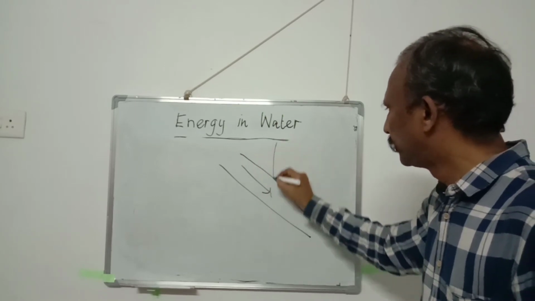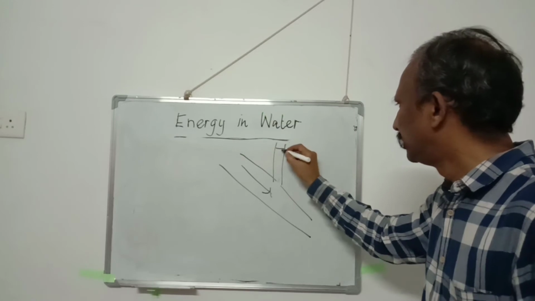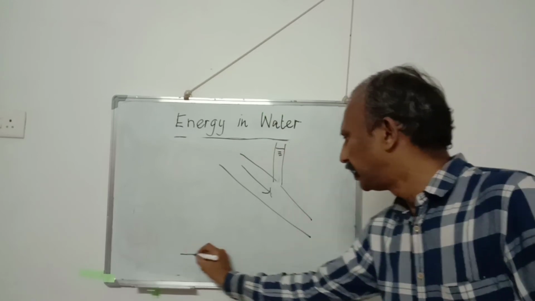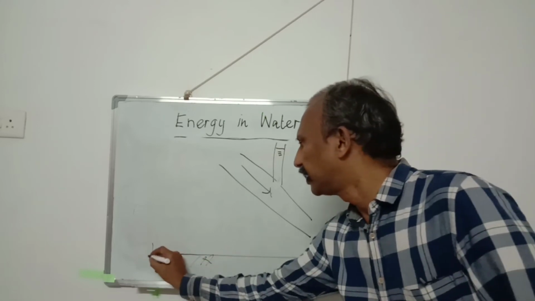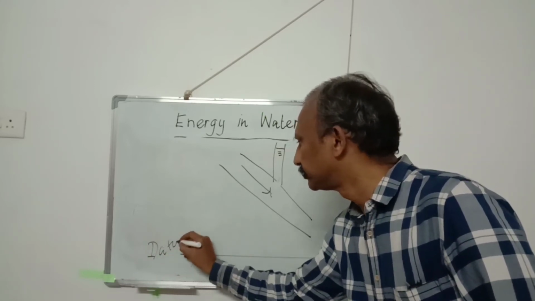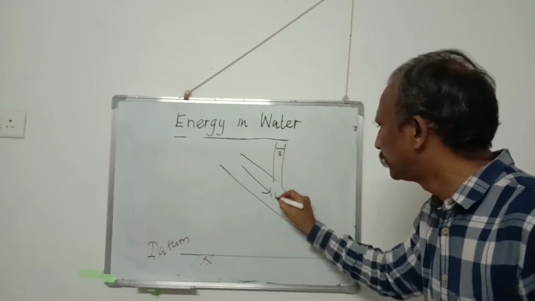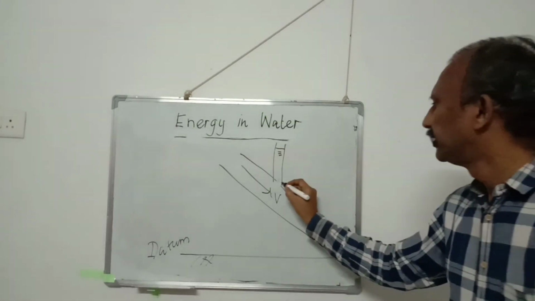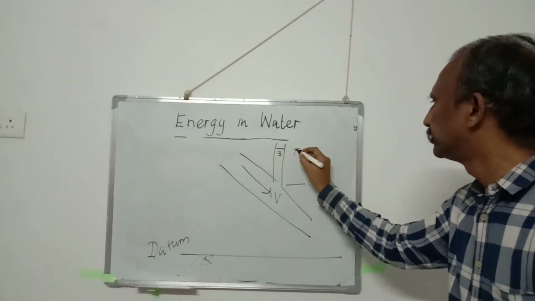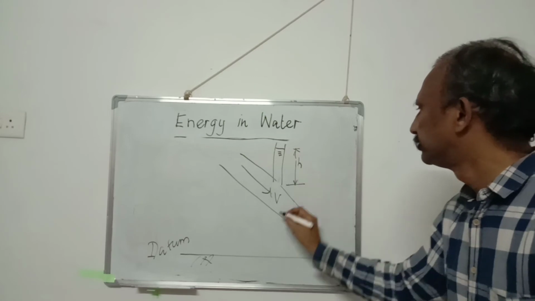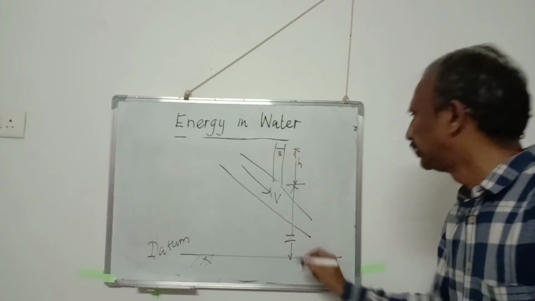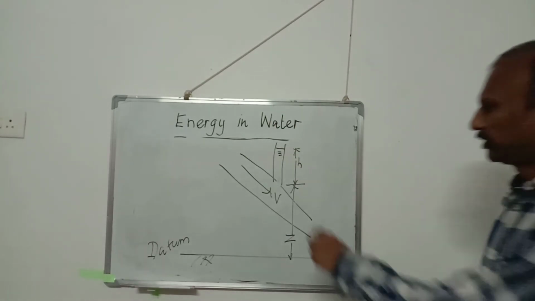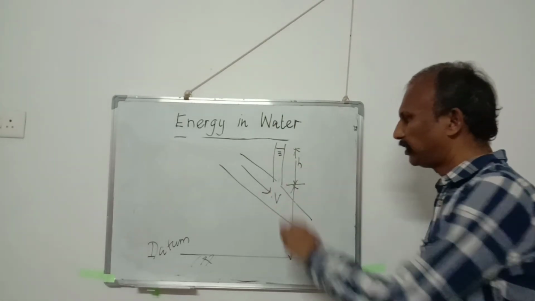Let us assume that we have a vertical pipe and we have a land surface, which we call the datum, and water is flowing with velocity v, and this is h, and this is z.